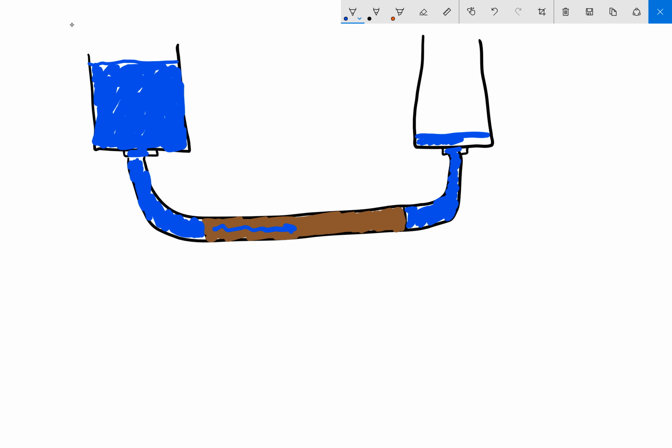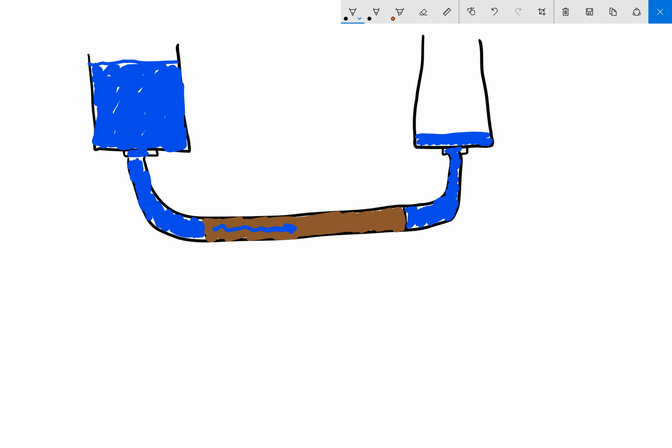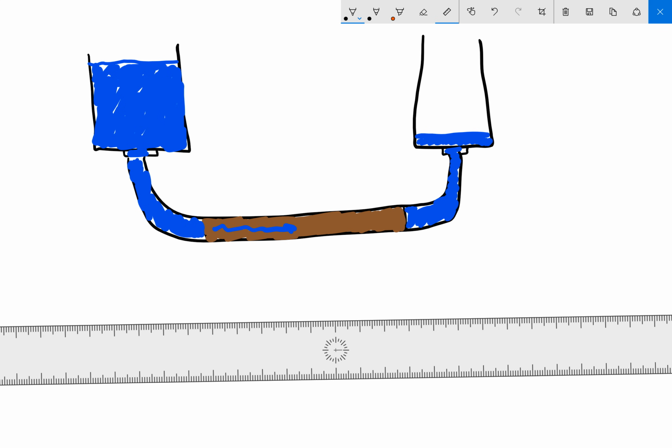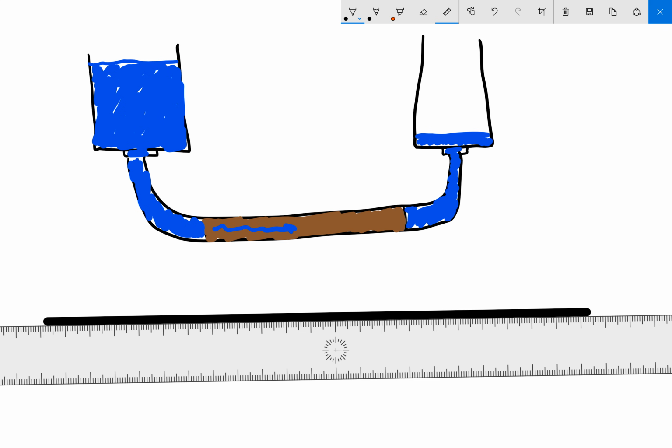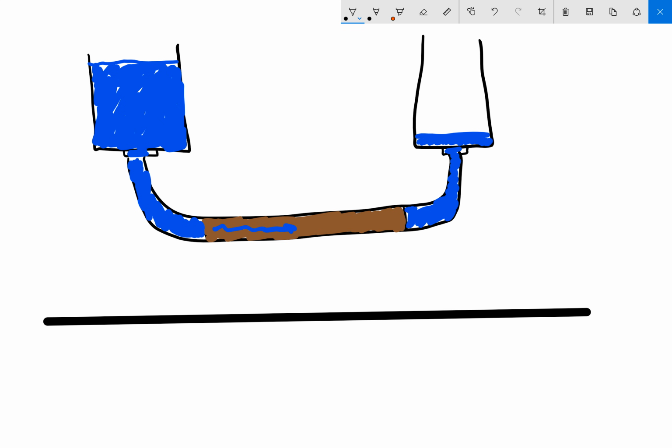Now, we're going to pause the experiment right here, because this is something interesting that Darcy saw. I'm going to draw just a datum line. Now, if I take the height from the top of the water in this tank down to my datum line, that's my total head in tank 1.